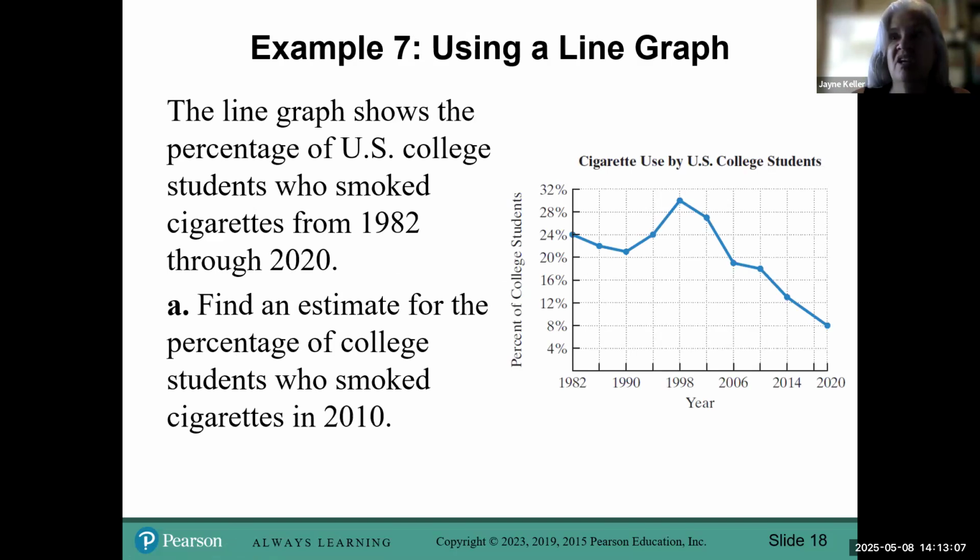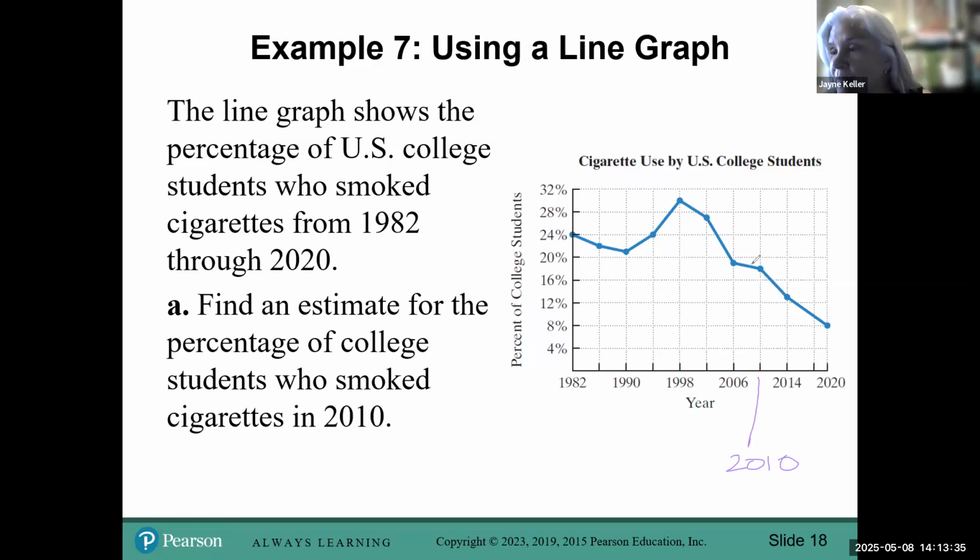Okay, so first question, find an estimate for the percentage of college students who smoked in 2010. So we're literally just reading the graph here. Let me get my pen back up again. There we go. Okay, so 2010, this is 2006, this is 2004. So halfway between would be 2010. So this is the year 2010.